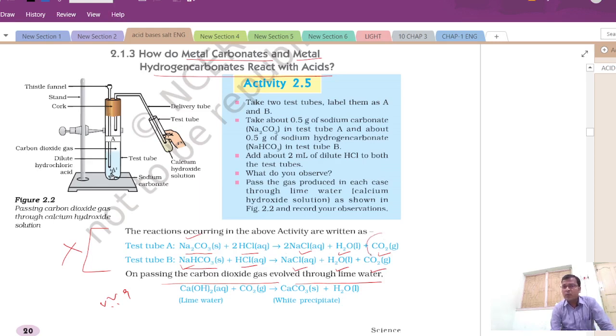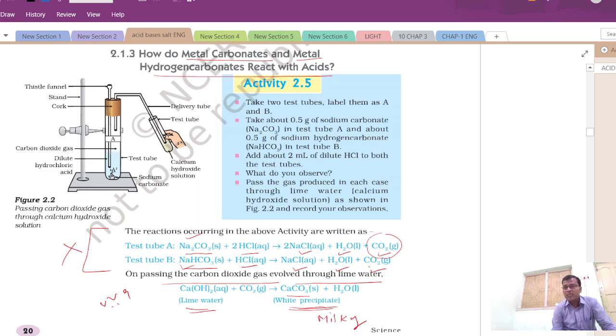Carbon dioxide is a very important product, because when carbon dioxide is passed through lime water, Ca(OH)2, calcium hydroxide, then what happens? Calcium carbonate is formed, and this is a white precipitate, and you will be surprised that the solution becomes milky.